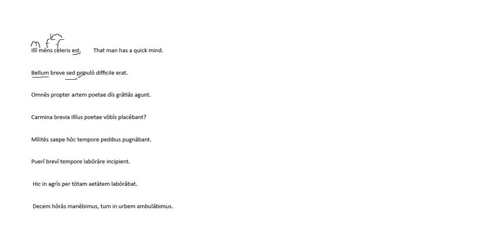Then I look to the right of sed, and I see erat. Since erat is meant to apply to both sentences, in virtue of the fact that both sides of the sed just have nouns with adjectives, we can see that there are two sentences here, connected by that sed. Let's separate them and deal with each one individually, as if they both have erat.